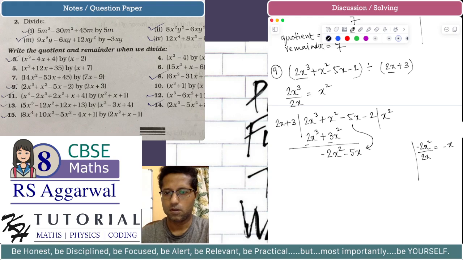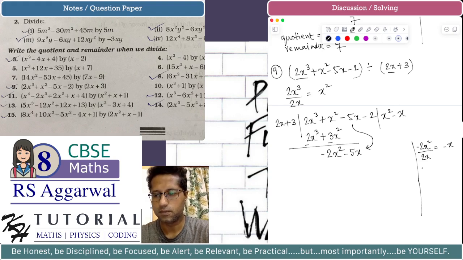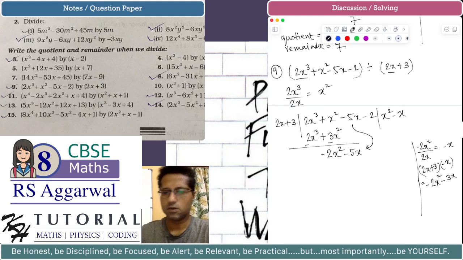So minus x becomes the next term of the quotient, and we have to find the product of minus x with the divisor, which is equal to minus 2x square minus 3x. The product needs to be subtracted from the current dividend.